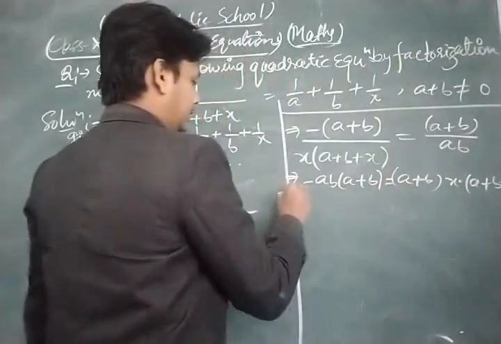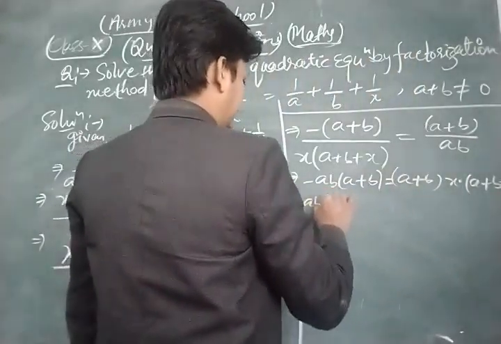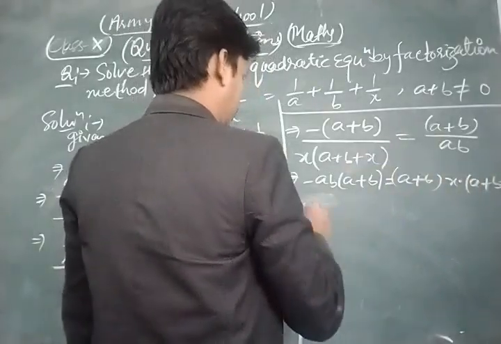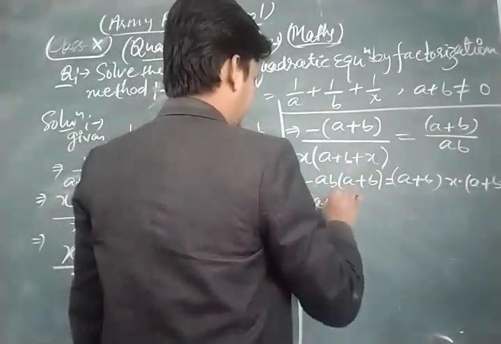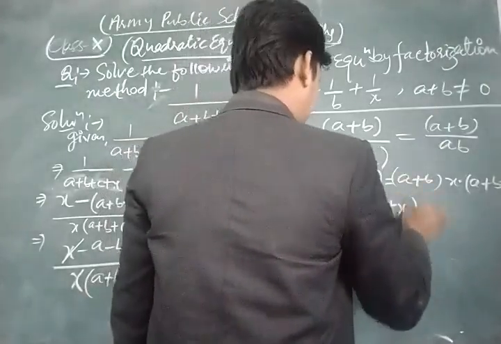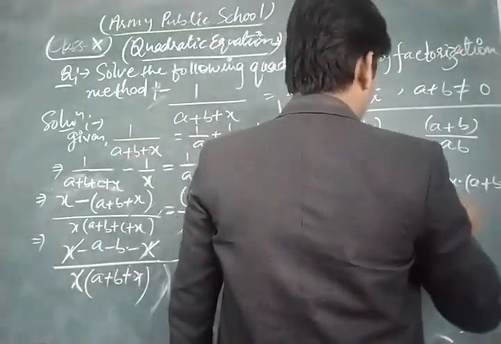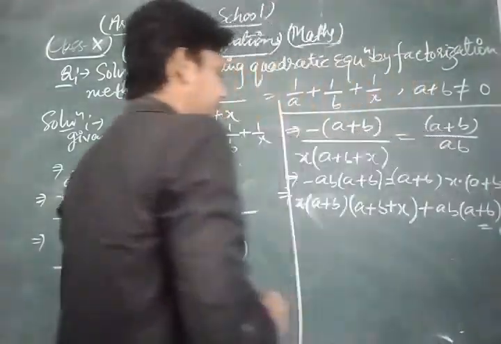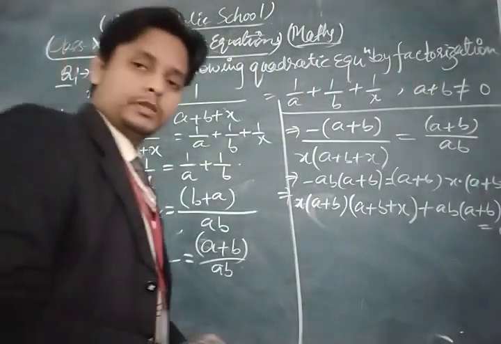Now we transfer minus ab to that side. So look, x into a plus b into a plus b plus x, and plus ab in bracket a plus b is equal to 0. Now from these two terms we take a plus b as common.